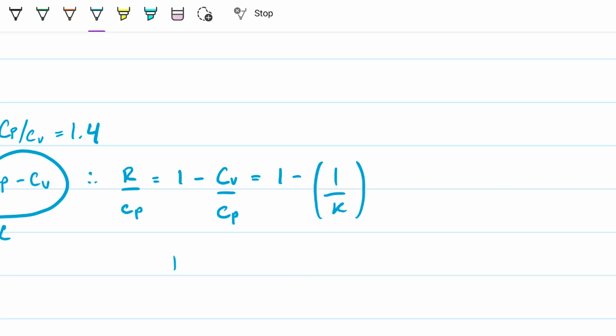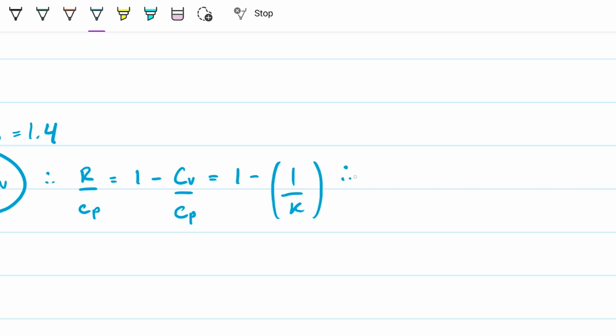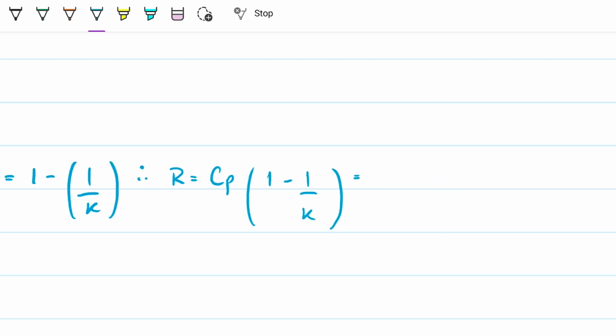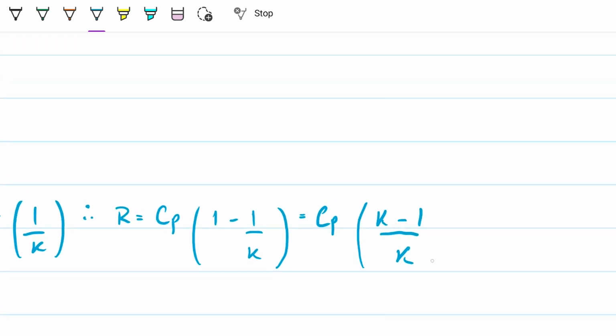So from here, I'm going to go ahead and, yeah, that's a good idea actually. Okay, so from here I'm going to say R equals C sub P times 1 minus 1 over K. What I can do here is say this is C sub P times K minus 1 over K, right?